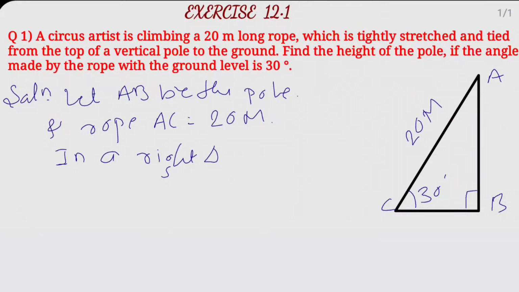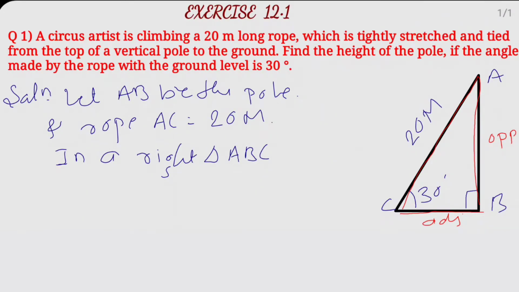Consider triangle ABC. So look at the figure here. When we consider angle C, BC becomes the adjacent side and AB becomes the opposite side. But here we have AC, which is the hypotenuse. Using the hypotenuse we want to find the opposite side.